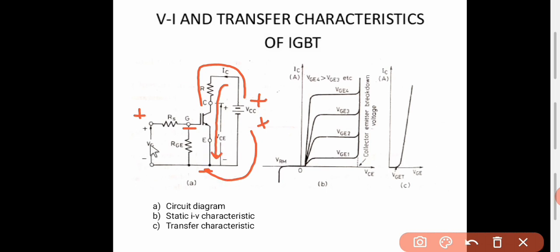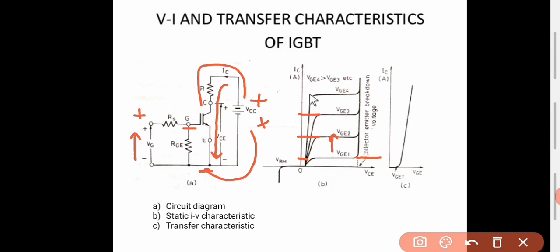As we apply the gate voltage, the device is turned on and the collector current starts to flow. Suppose we apply VGE1, for this particular gate voltage this particular collector current will flow. If we increase this voltage from VGE1 to VGE2, collector current will also increase.